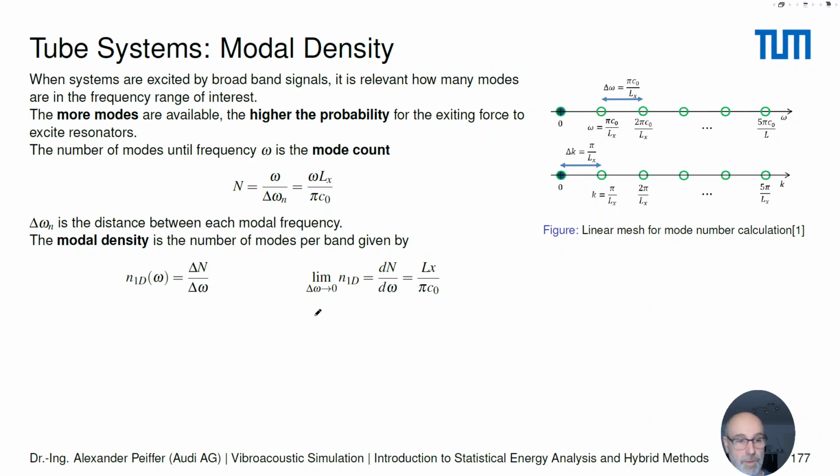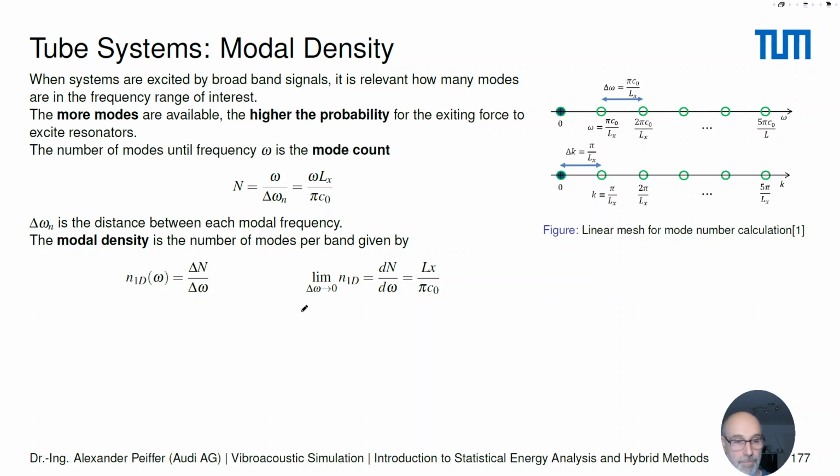If you do the limit process for small bands, it would be the derivative of the mode count with respect to the angular frequency. For our one-dimensional case, that's an easy thing because we have a simple formula for our mode count, just taking the delta omega, which is the distance between all the different modes, and if we take the derivative with respect to omega, we will get this expression.